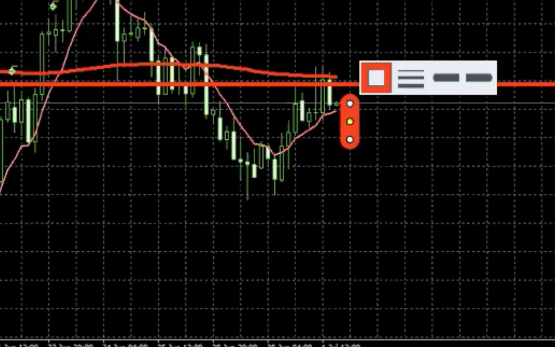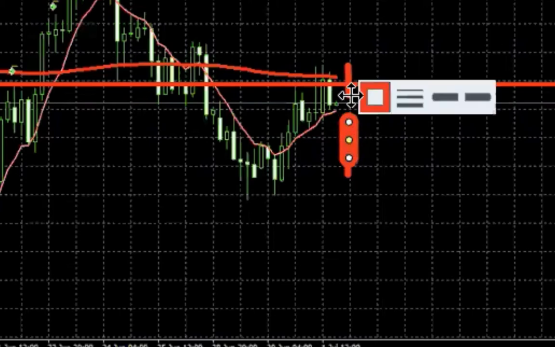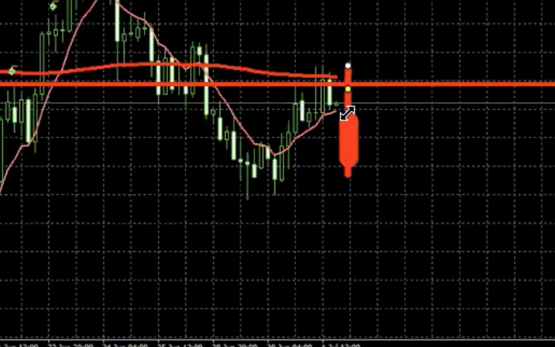Okay, and so here's the wick. Right. So when it goes up, I'm going to drop it down below the 8 exponential moving average. Okay. So this is what's going to happen.